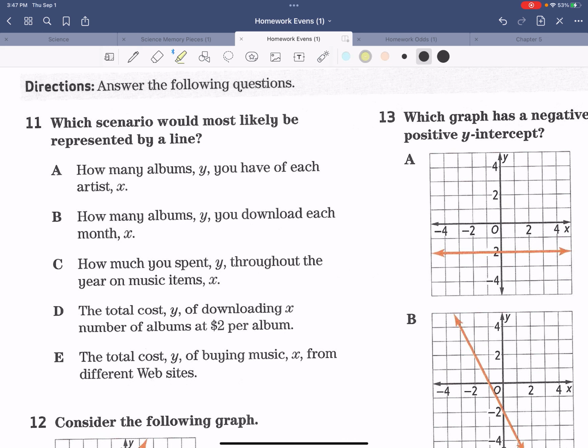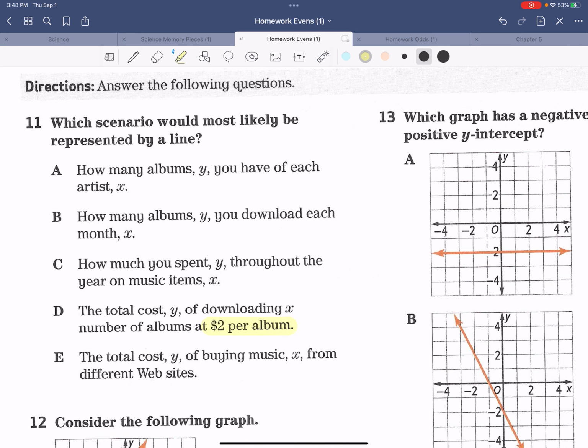Now we can make this incredibly complicated, but I want you to look at these 5 choices and tell me the one that's different. Just when you read it, on the surface, common sense, which one is different? It's this one.